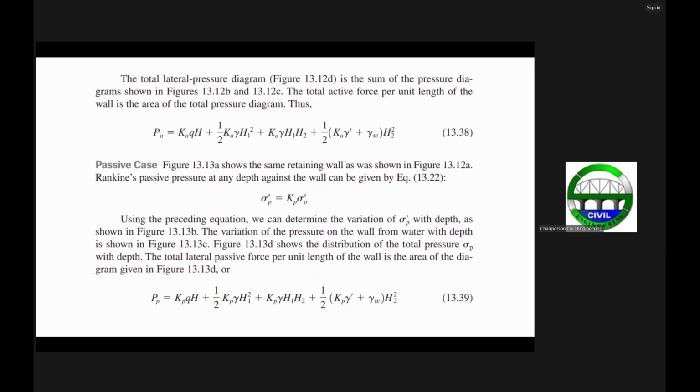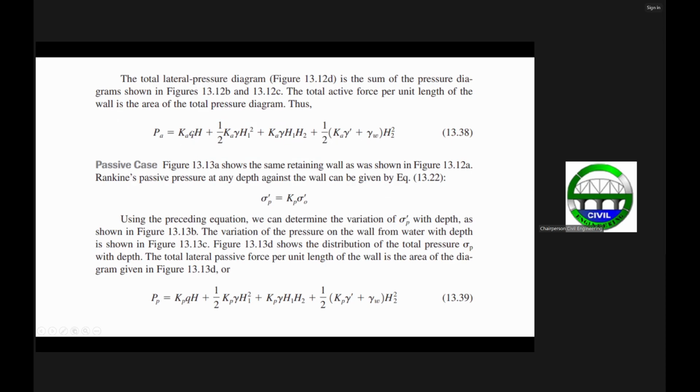If you compare now the total active force and the total passive force, you can see that everything is basically the same.